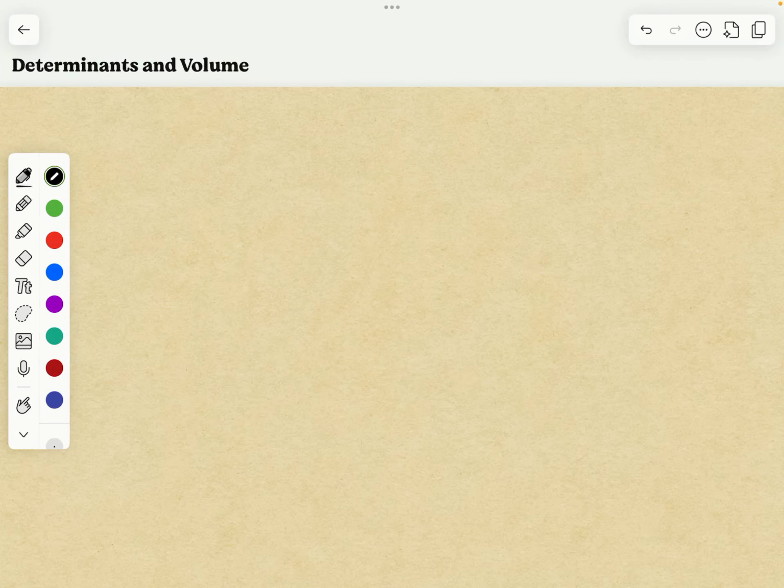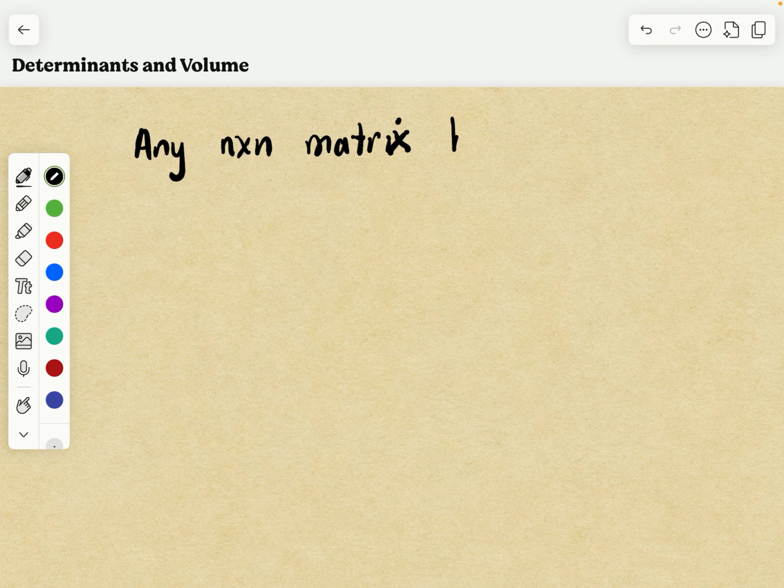Okay, in this video I want to give a geometric interpretation of the determinant. It's actually an interpretation of the absolute value of the determinant. So remember that any n by n matrix has a number associated with it.